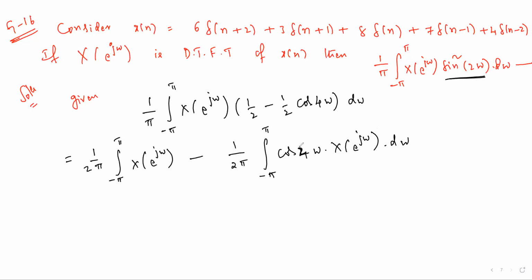From minus pi to pi, for any cos function, the positive cycle and negative cycle have the same area, so the addition becomes 0. So the second term will be 0.